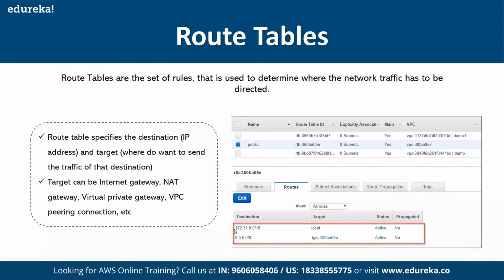This is an internal IP address range. Within this VPC, everything will have an IP address within this range. So it is local, target is local. So with this entry, all the internal components of my VPC across the subnets will be able to talk to each other. If this entry is also removed, nobody can talk to each other.